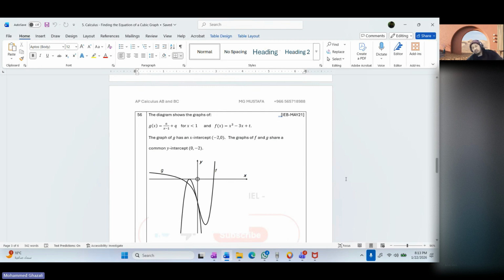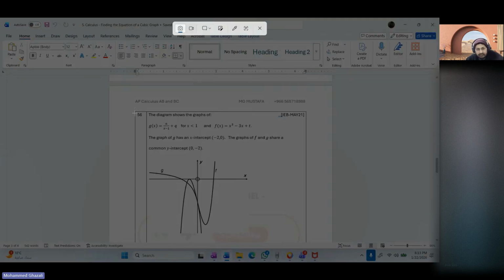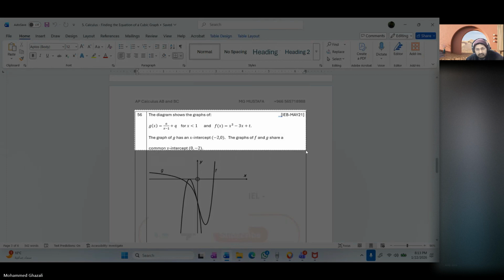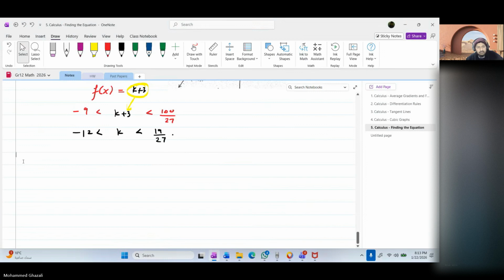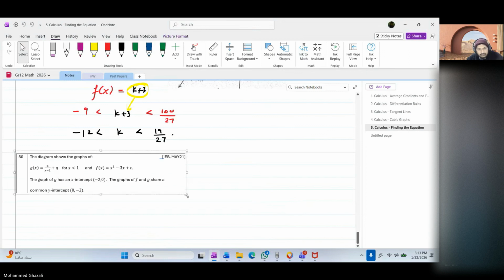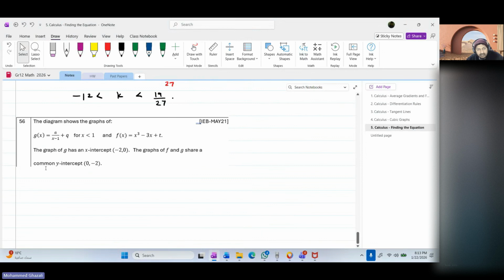Okay, now we're going on to IEB type questions, right? So this is coming from IEB, the supplementary exam, May 2021. This question here. So we have g of x. Now, be careful because look at the type of function that they give here.